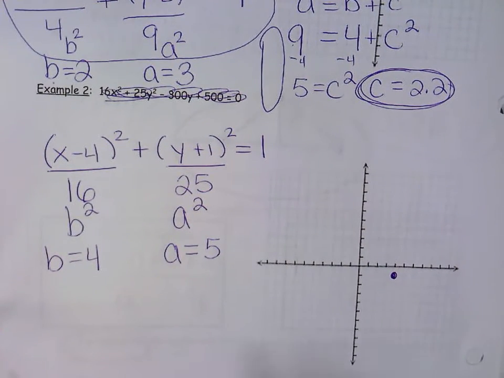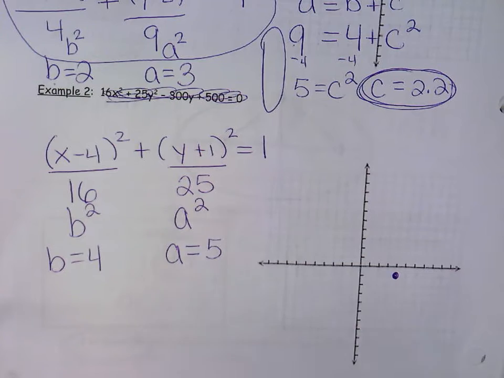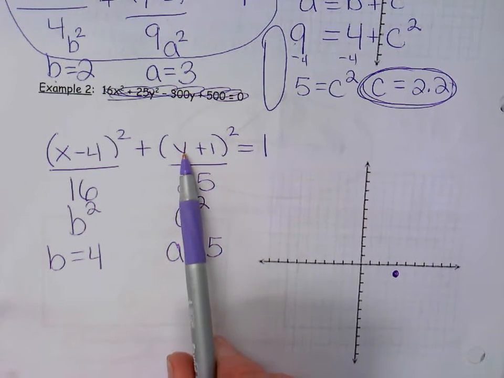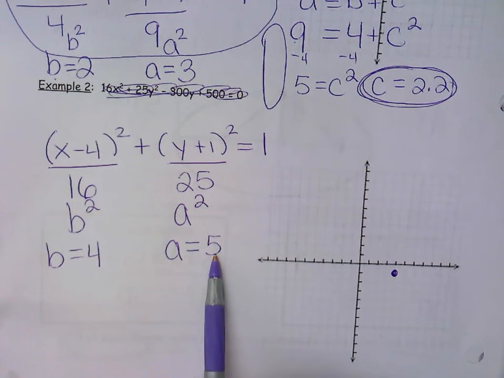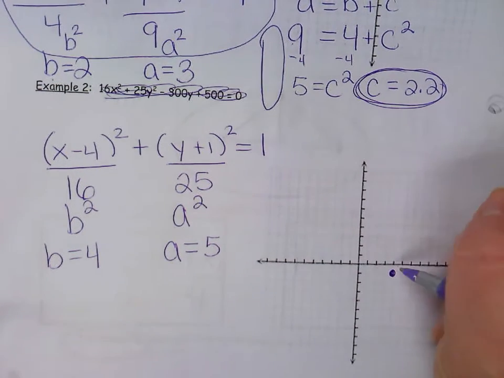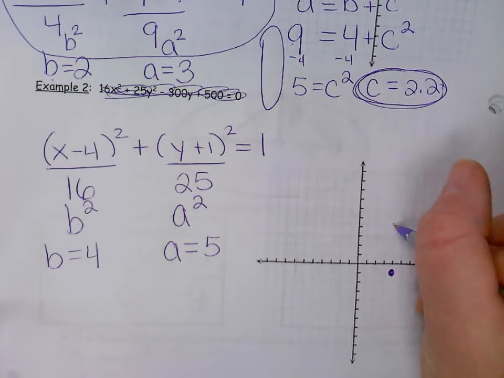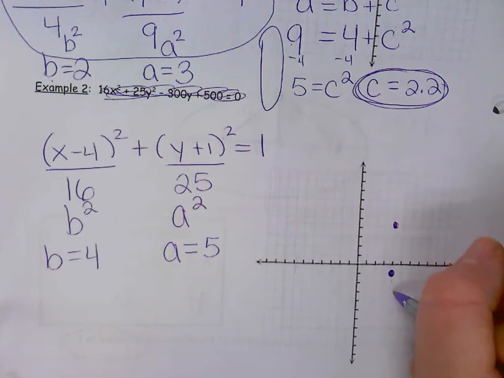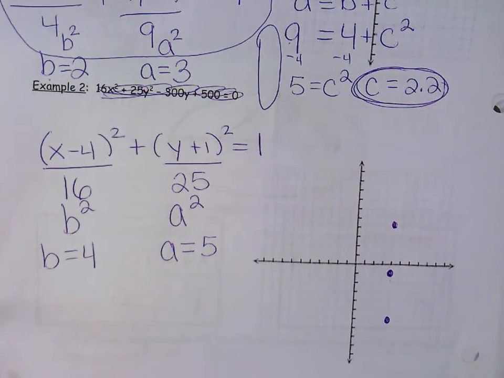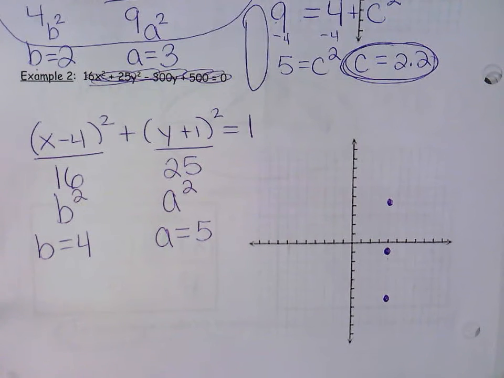So using those two values, you can now dot in where your 4 vertices are going to be. In the y direction, vertical, you're going to go up and down 5 units from your center. 1, 2, 3, 4, 5. Those are the endpoints of your major axis.